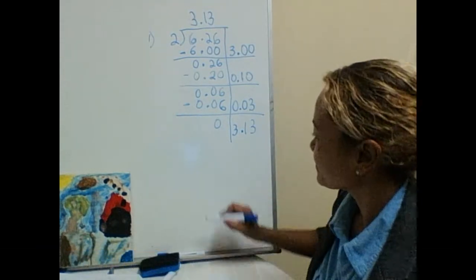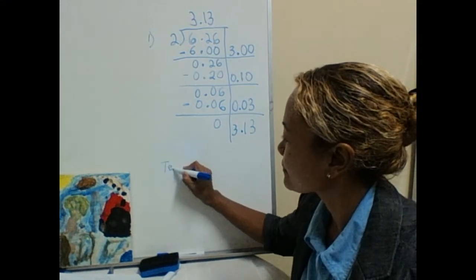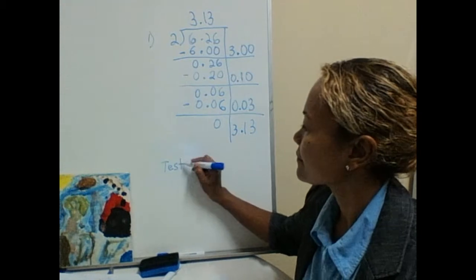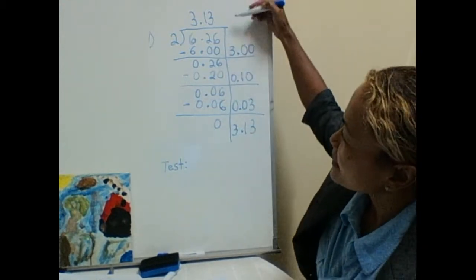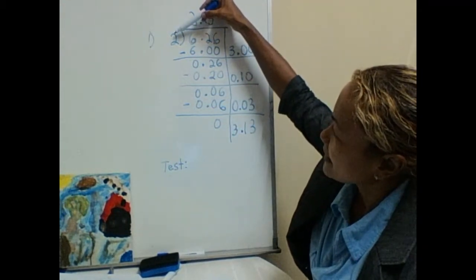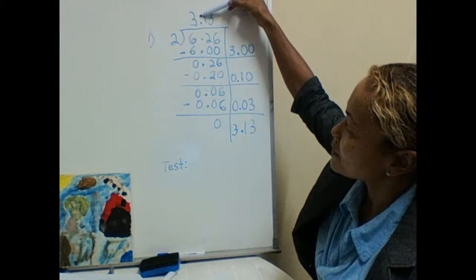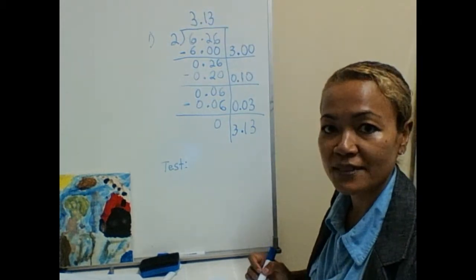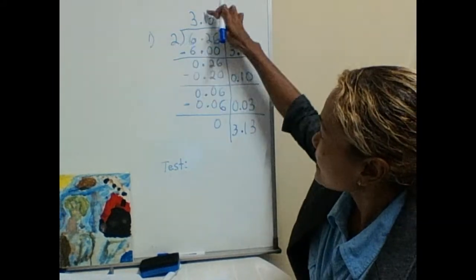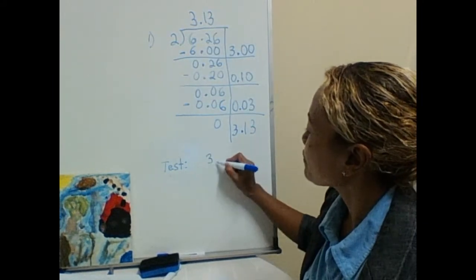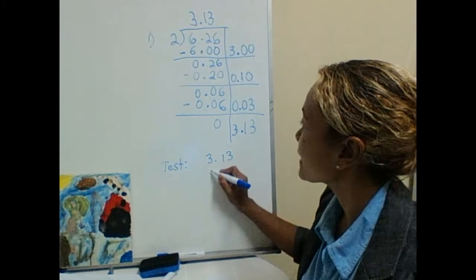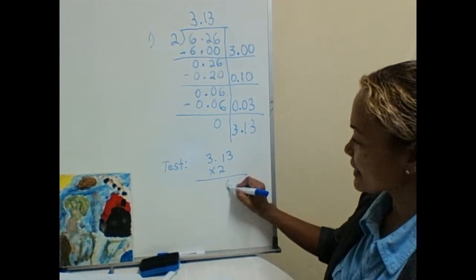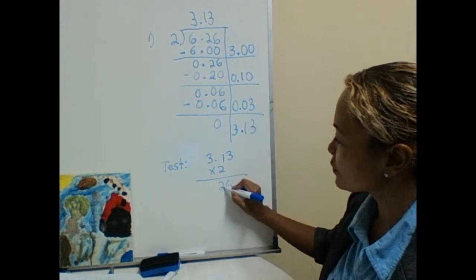Let's test. So the test was this number times the answer you got should give you the number you started out with, the 6.26, right? So that times that. 3.13 times 2. 2 3s, 6, 2 1s, 2.